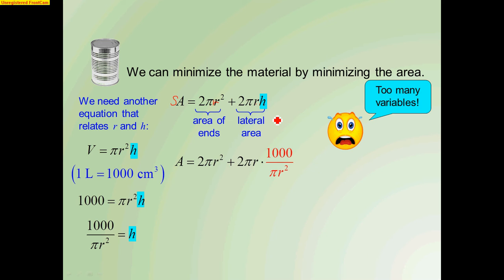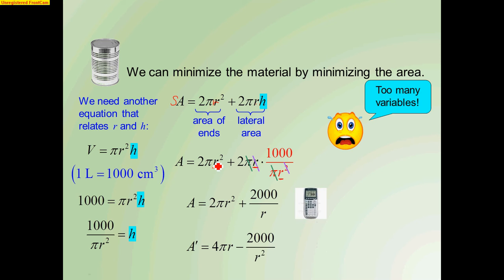Put it into the surface area equation, and notice now I have the surface area function in terms of just r. There's no h, so I can take the derivative of the area function with respect to r. Notice when I do a little algebra, the pi's cancel out. 2 of those r's canceled out, so I was left with that formula, which is really 2,000 times r to the negative 1.